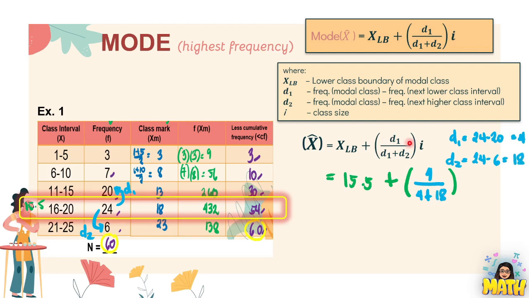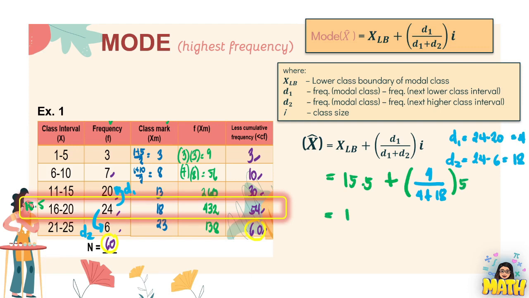So, ganun lang po, hanapin ang ating D sub 1 and D sub 2. Isasubtract lang natin yung frequency ng ating modal class sa lower at sa higher class interval frequency. And then the last variable, we have i for the class size. So, 1 to 5, we have 5 pieces of data there. So, therefore, our i is equal to 5.